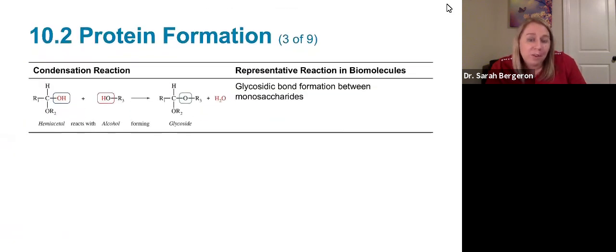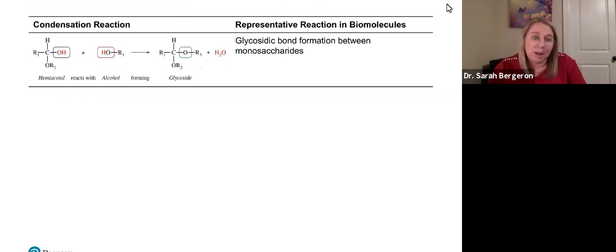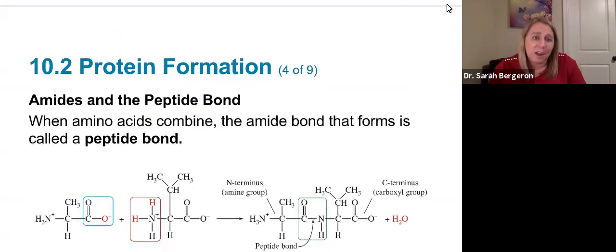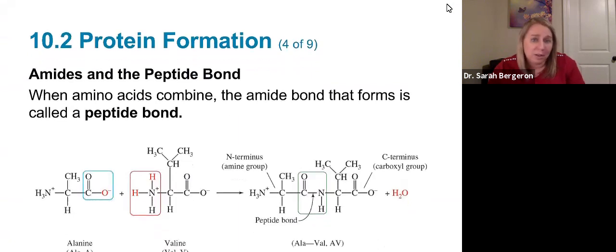The other kind of reaction that you can have is a condensation reaction when we're making sugars, right? So remember when we had those ring sugars and you had two sugars, and in order to hook them together, you had a condensation reaction. It's the same thing, and you form that glycosidic bond. It's the same condensation reaction. You're just starting with different materials, right?